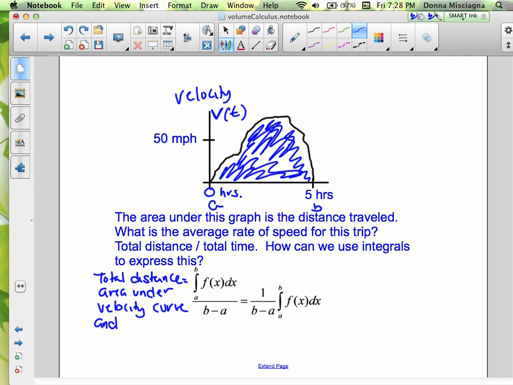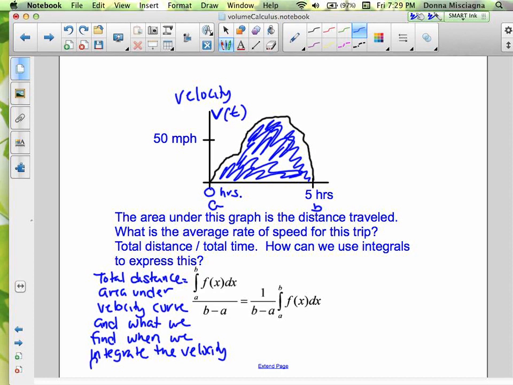And what we find when we integrate the velocity function for some interval.